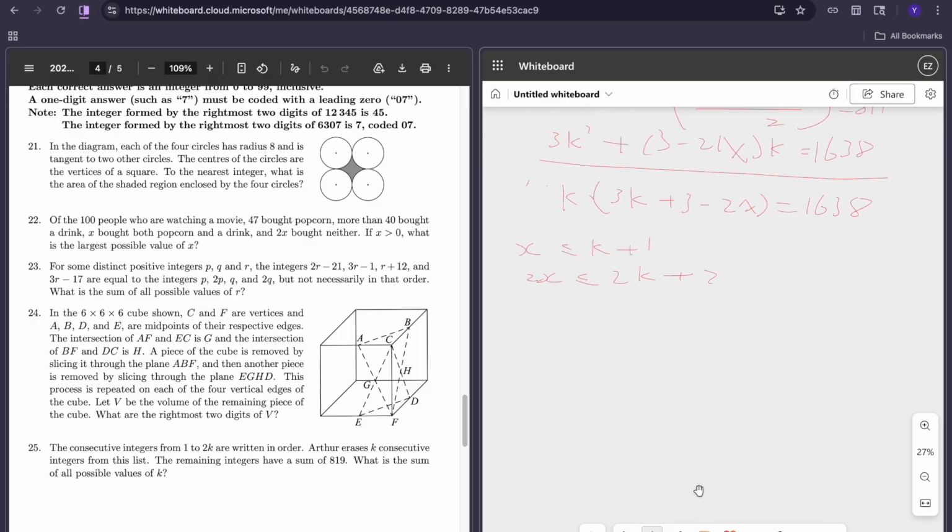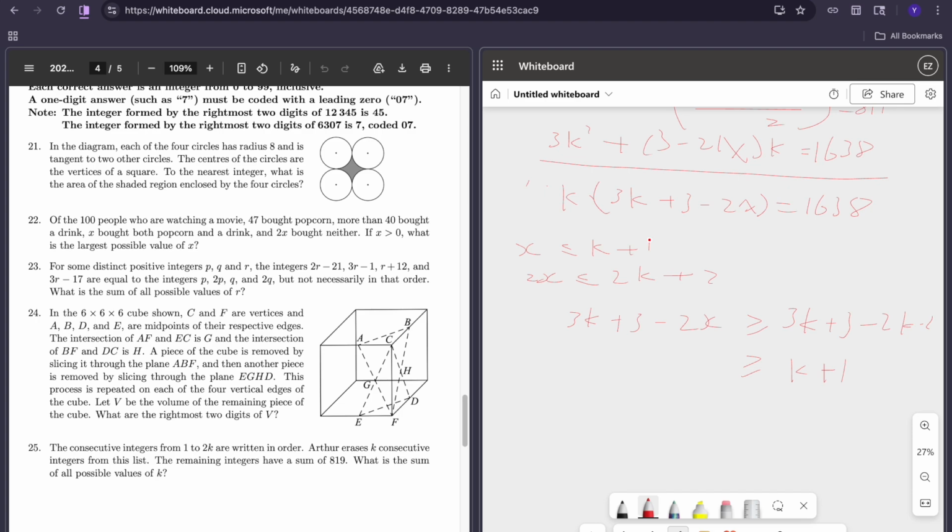So this means 3k plus 3 minus 2x is bigger or equal than 3k plus 3 minus 2k minus 2, which is bigger or equal to k plus 1.